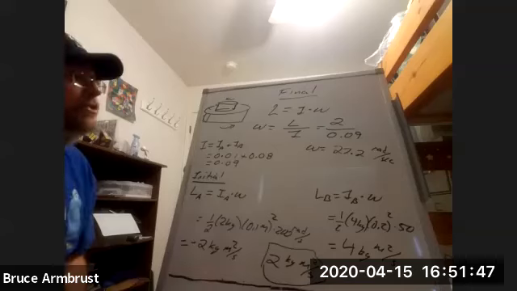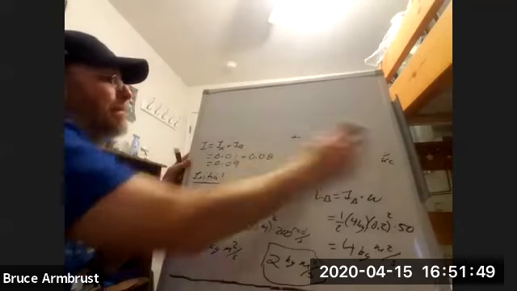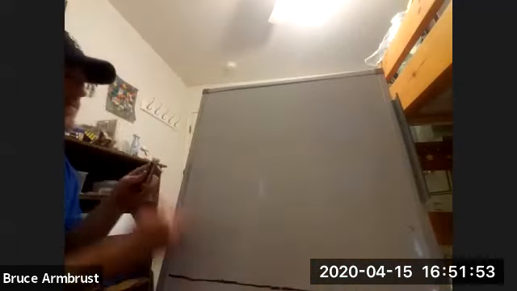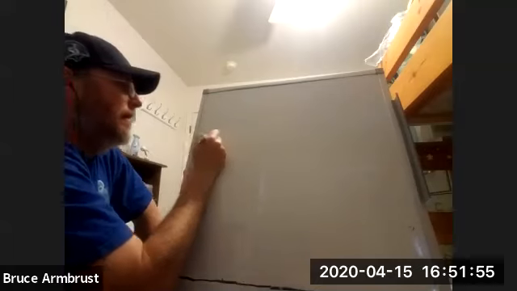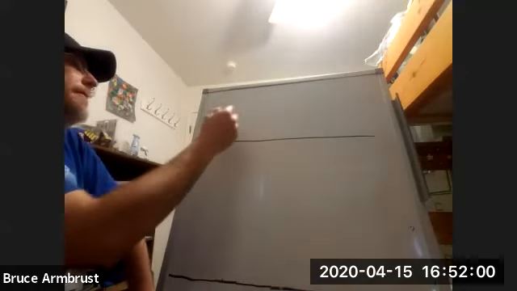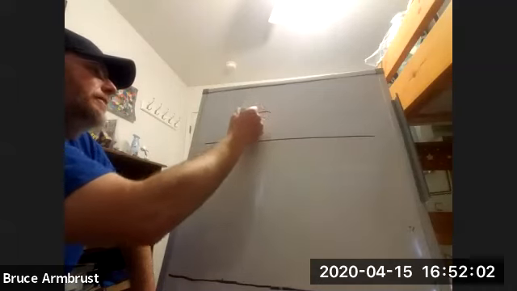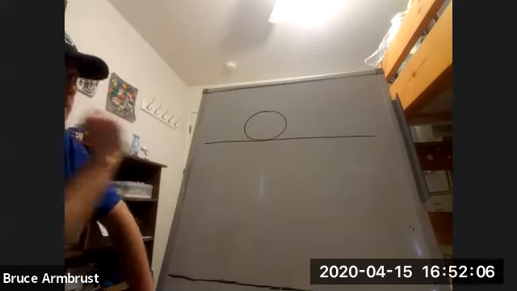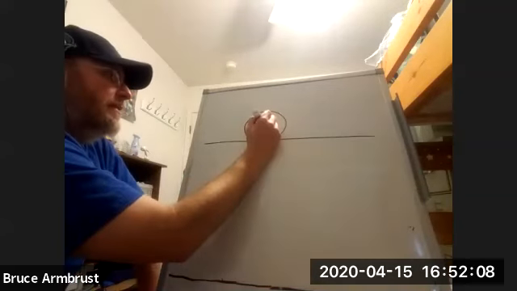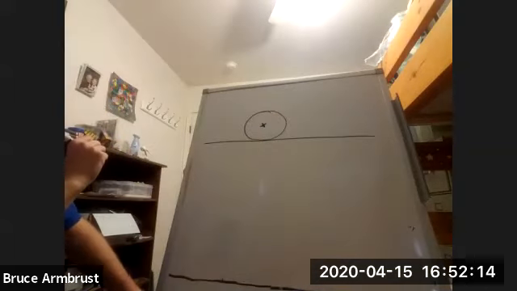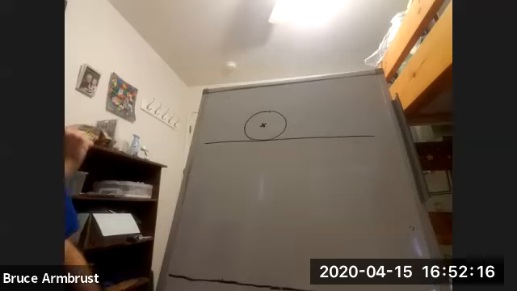Okay, so let me draw a picture. To make life easy, we're just going to be rolling along level ground right now. But let's say we've got a wheel that's rolling. I'm going to mark the center of mass with an X. Assuming that this is a normal kind of wheel, that center of mass is going to be dead center, right in the middle.